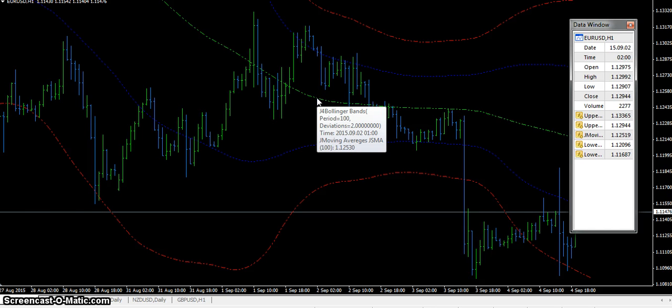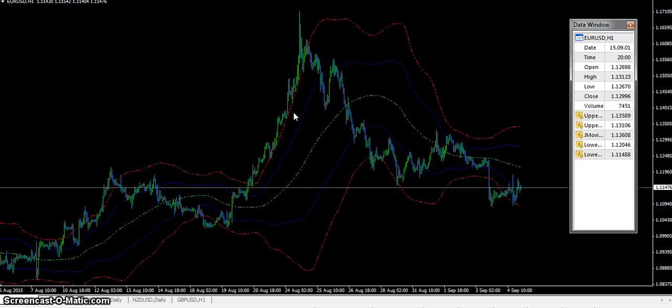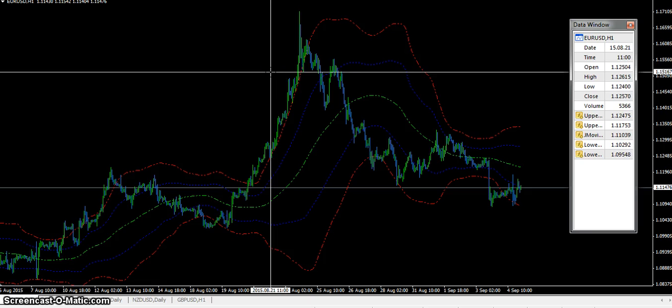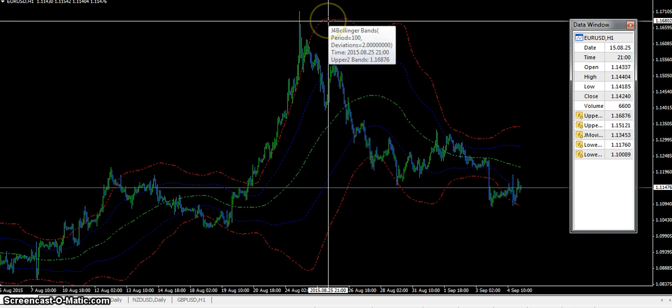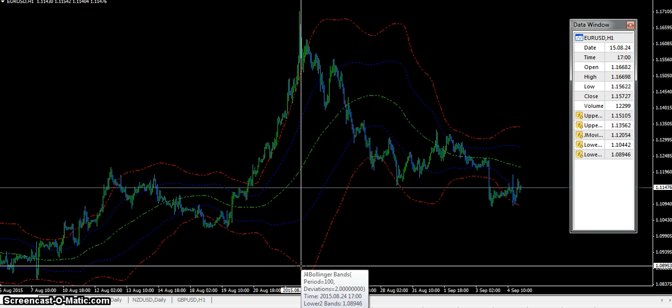So let me further condense this chart. Yeah, something like this. Now we can see a bigger picture. So basically the concept is, if you observe this chart minutely, we can look at these lines, extreme red at the top and extreme red at the bottom.